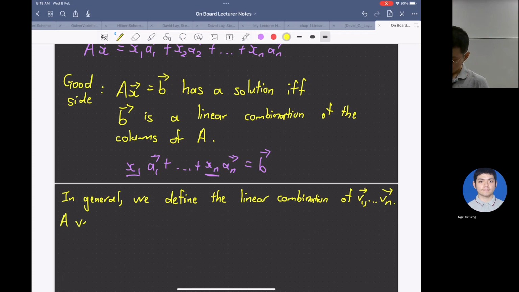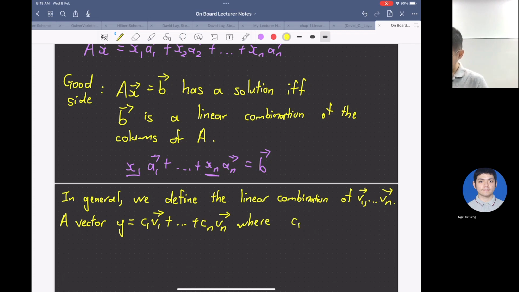A vector y equals c1 v1 hat plus ... plus cn vn hat, where the ci's are scalars, is a linear combination of v1 up to vn.